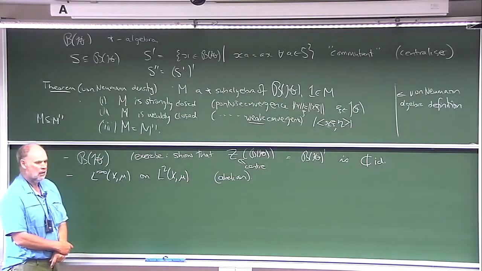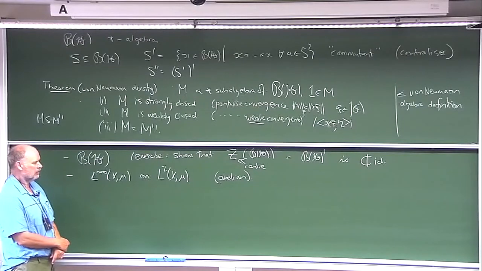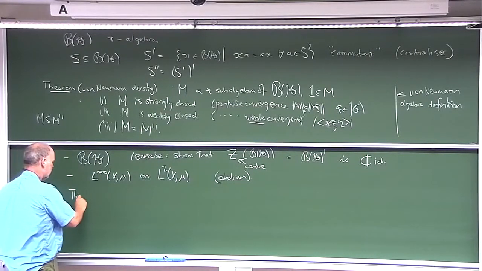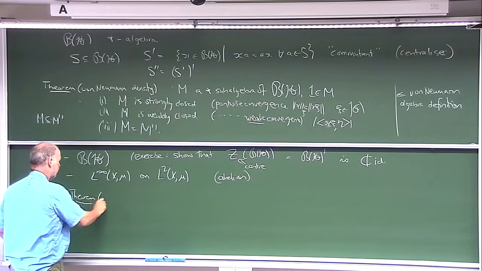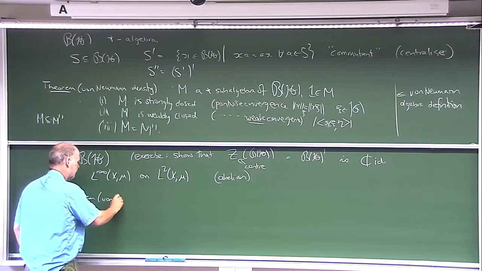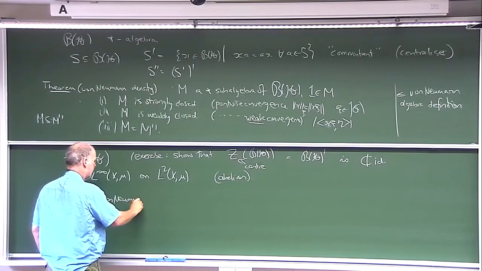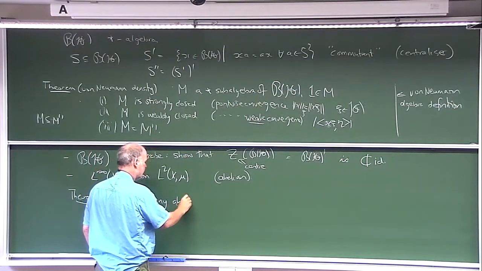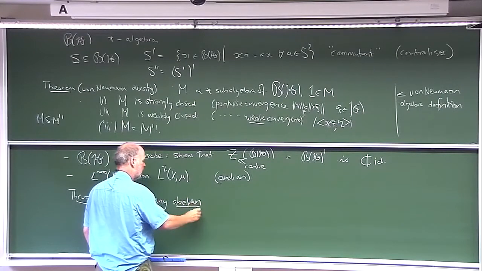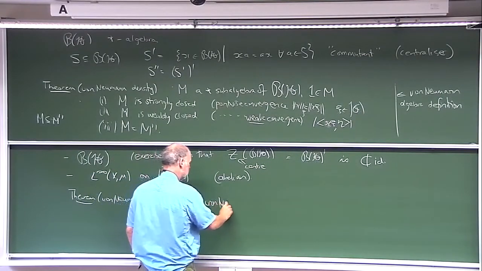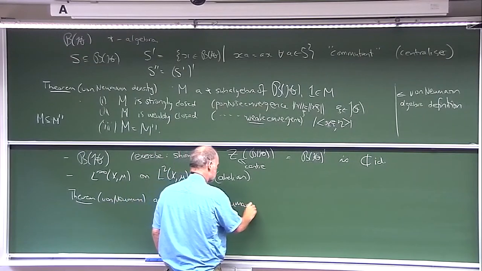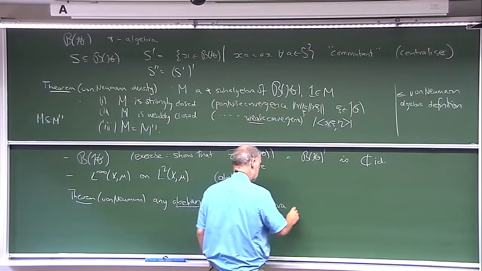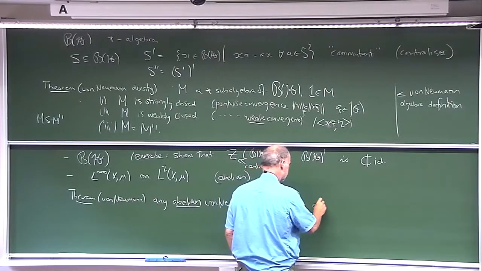Right. So these are going to be our starting examples, and then there's a theorem of von Neumann once again: that any abelian von Neumann algebra is of this form.